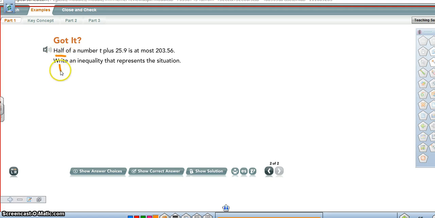Okay, half of is a keyword we've talked about. Of can mean we're multiplying. A number, t, plus 25.9 is at most 203.56. At most means that's the maximum, so it's got to be less than that.